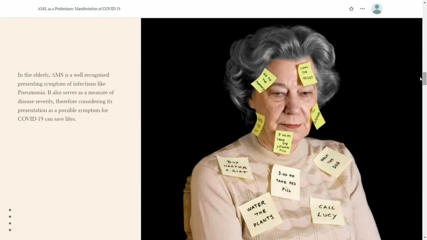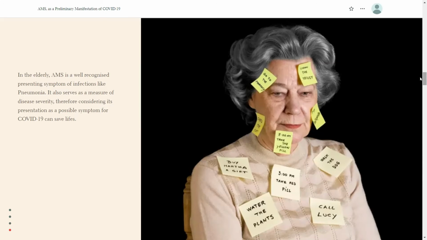This is going to help them diagnose the disease beforehand. It's going to help them know what to do even before the disease is called COVID-19, to help them curb the rate at which the elderly die of COVID-19.